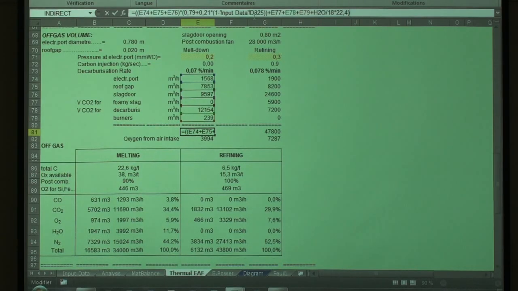So plus the others here, and don't forget that the water is also vaporized, the water from the scrap. So I have to convert the weight into volume. This is the meaning of these coefficients.